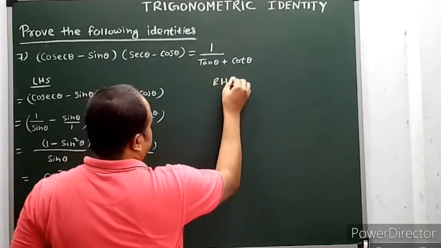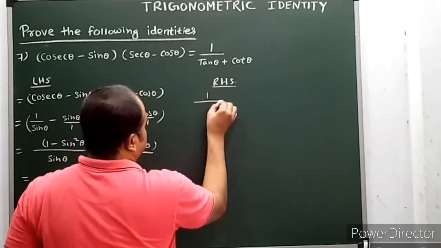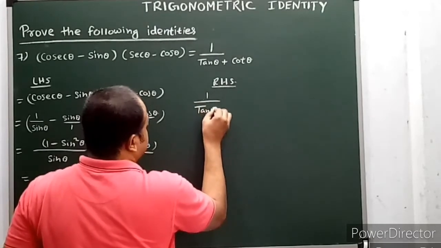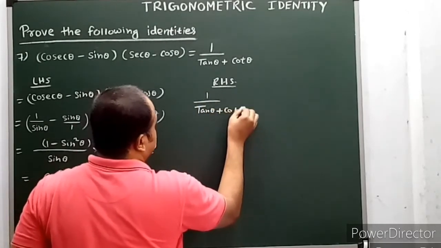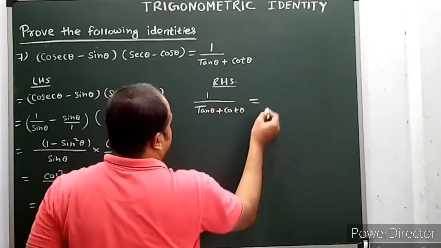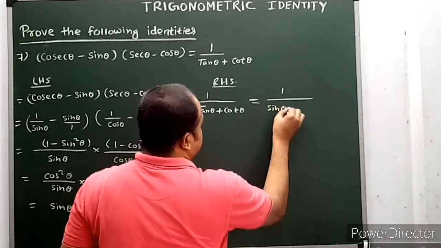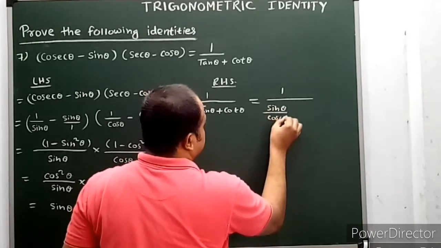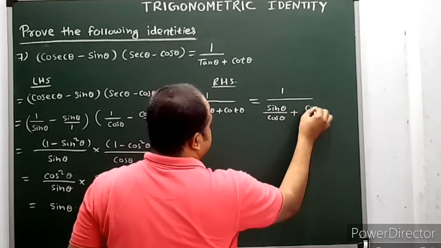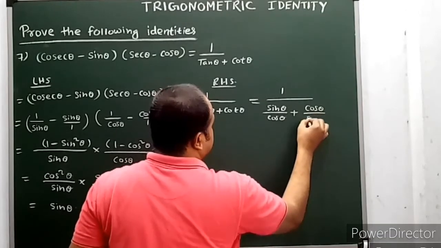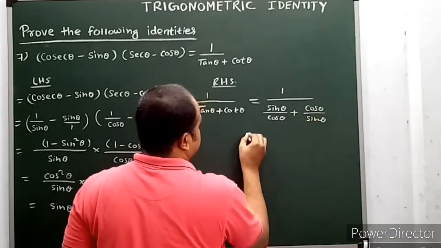Here I will copy the right hand side, 1 by tan theta plus cot theta. Now see, tan theta can be written as sin theta by cos theta, and cot theta is written as cos theta by sin theta.